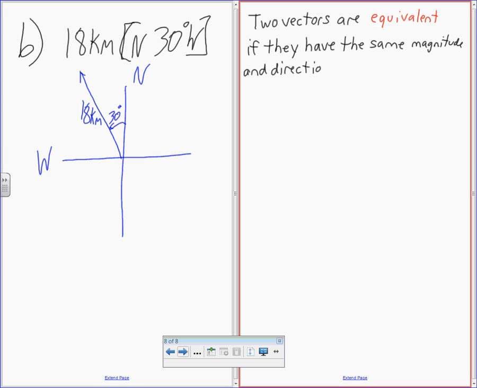They are opposite if they are equal in magnitude and opposite in direction.